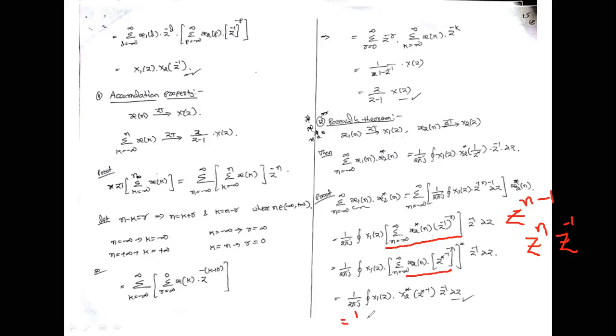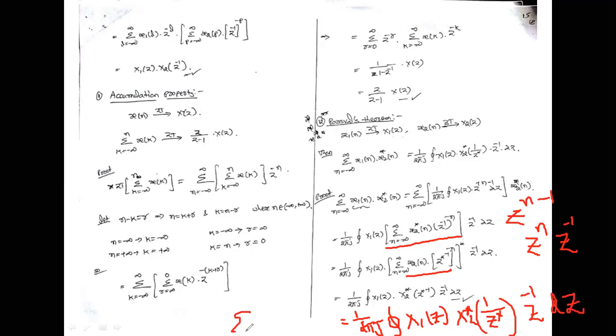You can write this as 1 by 2 pi j, the integral of x1 of z and this x2 star conjugate of 1 by z star, z inverse dz.